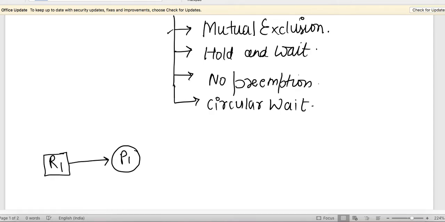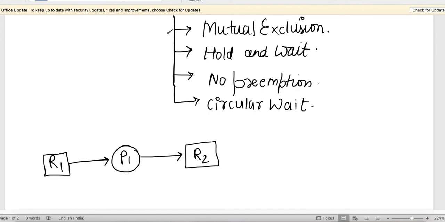It means it has taken the resource R1 for its execution, or resource R1 is allocated to process P1 by the CPU or operating system. Okay, and P1 is requesting for resource R2. It means for completion of P1, it requires both the resources R1 and R2, but it is having only R1 and it is requesting the CPU to grant the access of the resource R2. Got it? This is how it is happening.